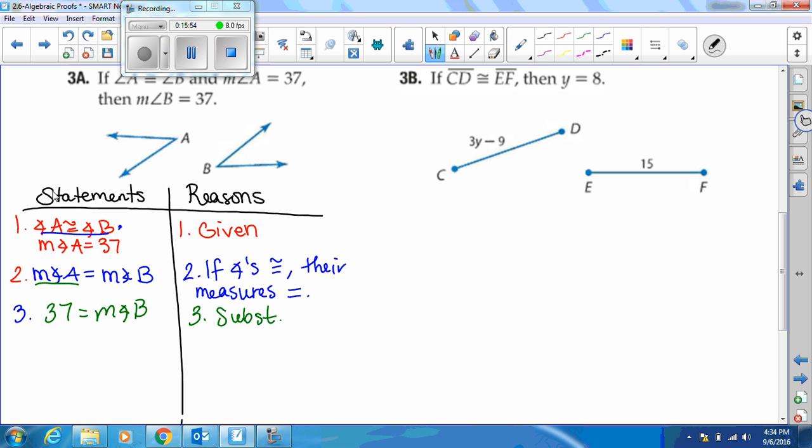Then we can rewrite it. And we can flip it by the symmetric property. Okay, let's try another one.